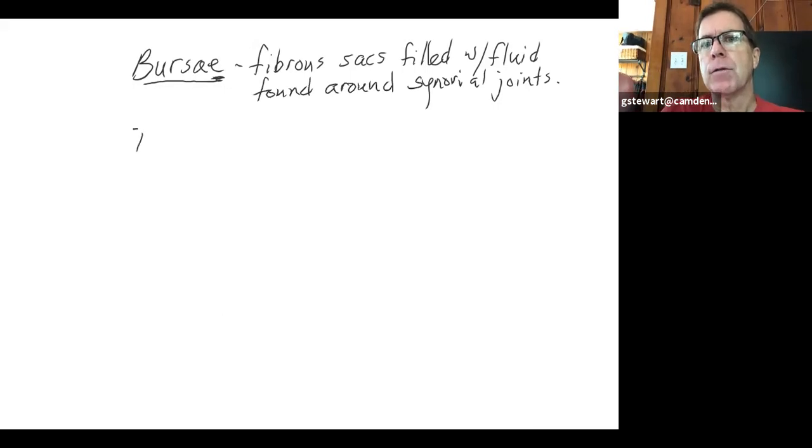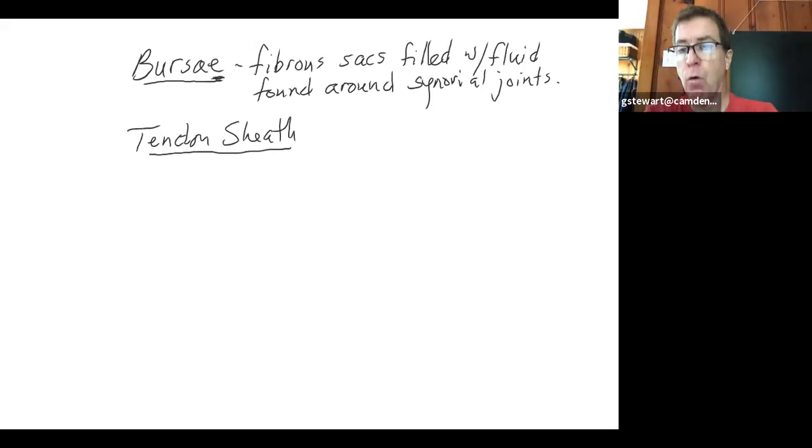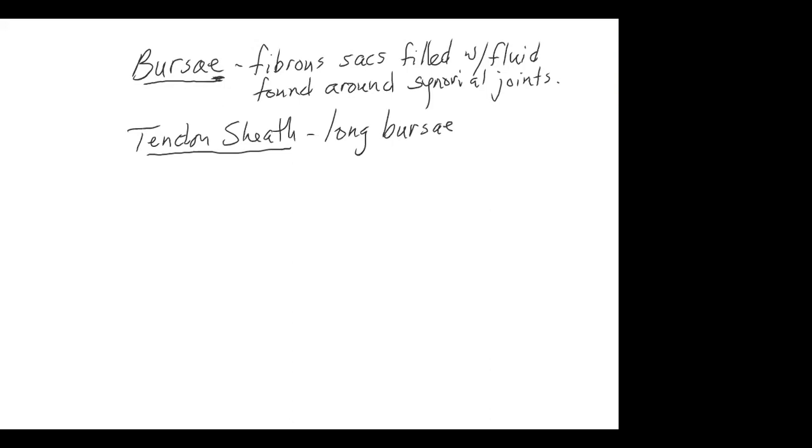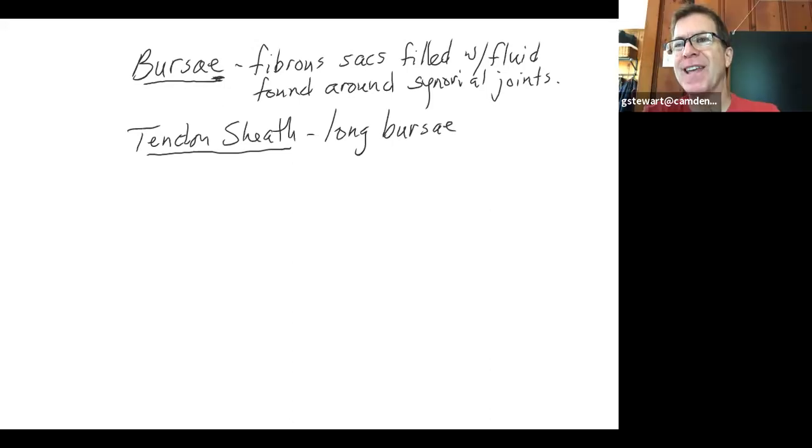There's typically also something called a tendon sheath, tendon with a D, in the area of synovial joints, or more than one sheath. These are sort of long bursae around, specifically around tendons.